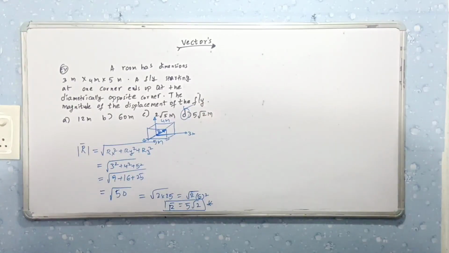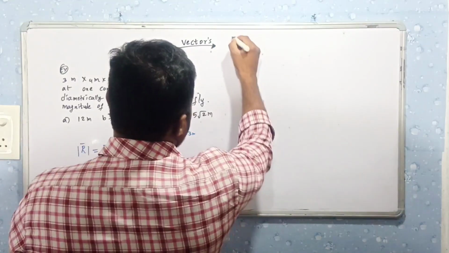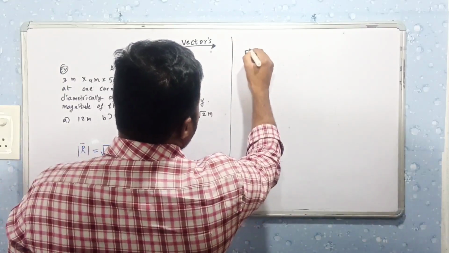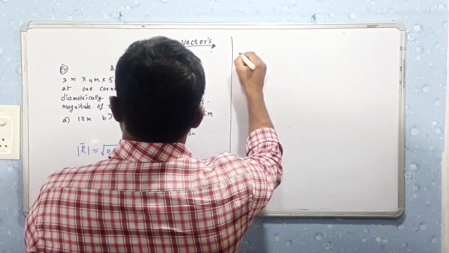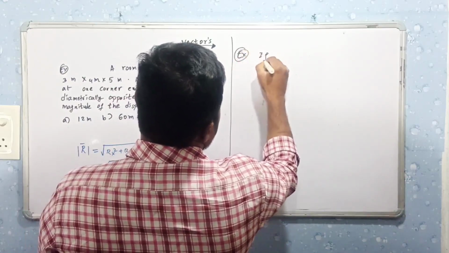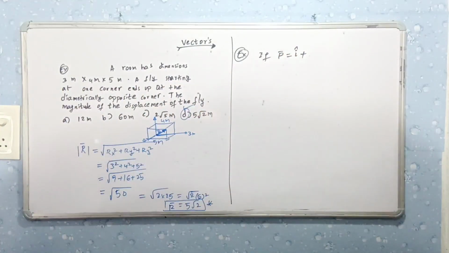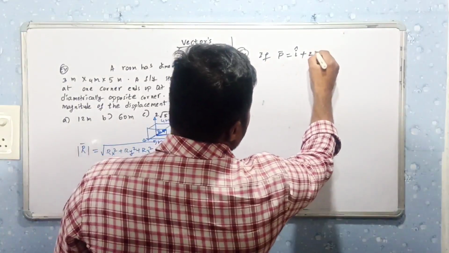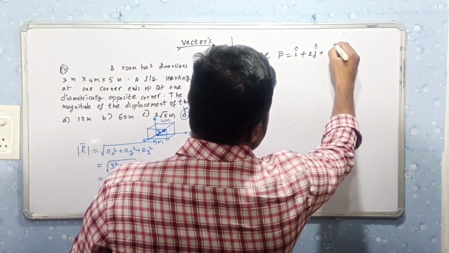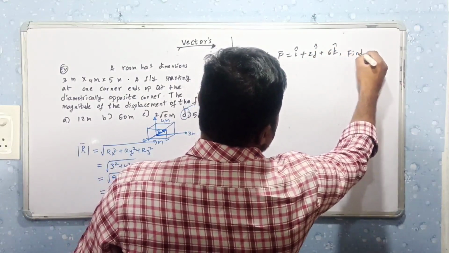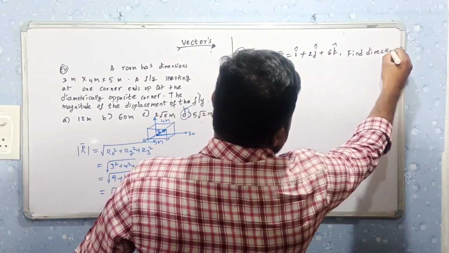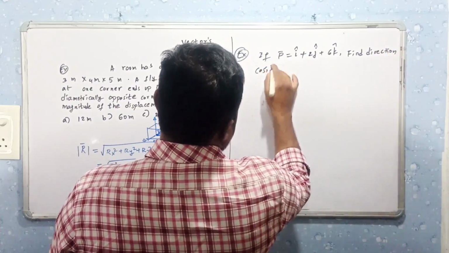Next we will do another example. If P bar is equal to i cap plus 2 j cap plus 6 k cap, find direction cosines.